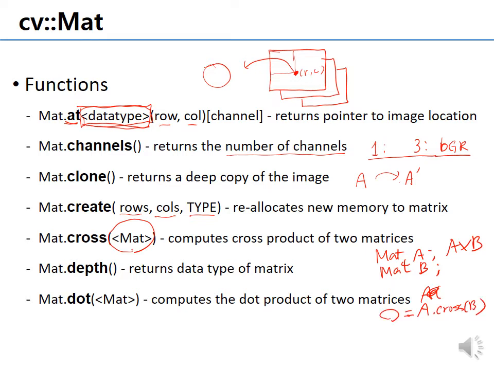It returns the cross product value. And A.dot(B) returns a dot product, and depth returns the data type of the matrix.